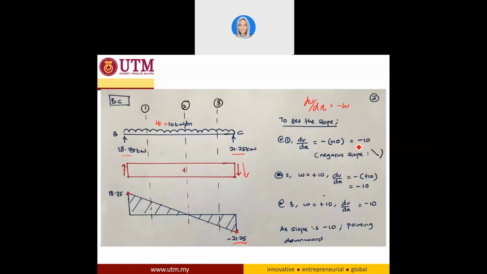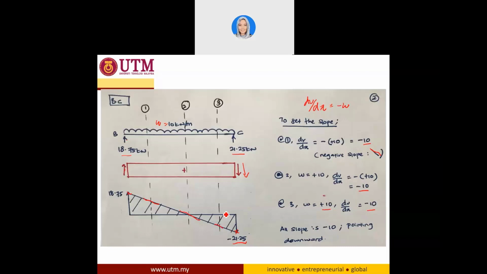Since this is negative 10, the slope is going downward like this. At point 2, similarly, W equal to positive 10, so dV over dx is negative 10, and again the slope is going down. At point 3, similarly, W equal to positive 10, so dV over dx equal to negative 10, and again you have a slope going down.